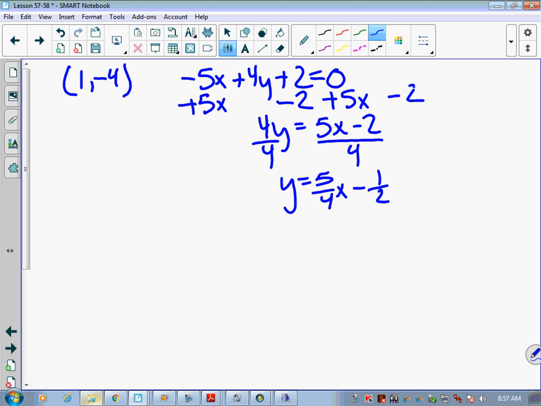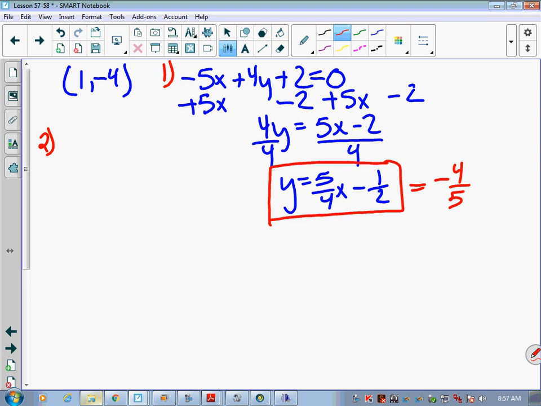Okay, Dylan, what comes next? This is step 1. What is step 2? Find the inverse of the slope of the equation that you just found. Okay, so we want to use what for my slope from this? Negative 4/5. Plug the coordinate that it gives you into the point-slope form, so let's do y minus what? -4.